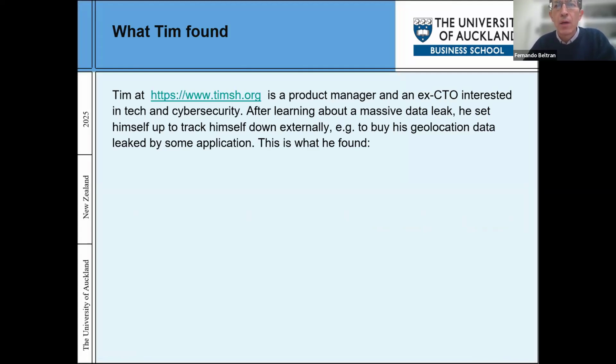Tim is a hacker, programmer, someone who's been looking into these issues for a long time. He set himself up to buy his own data once he learned, through suspicion, that something funny was going on with the apps on his smartphone.